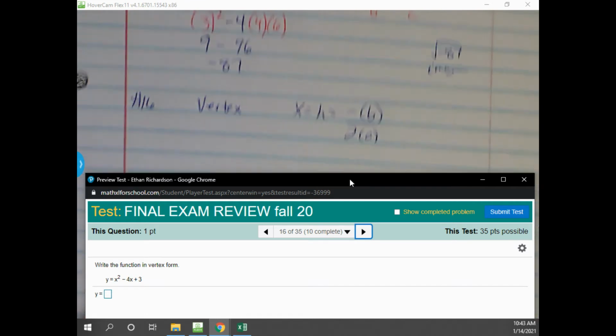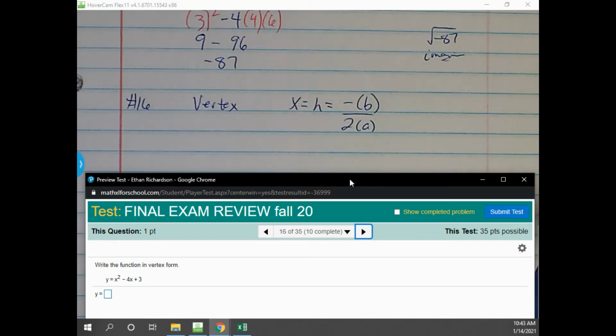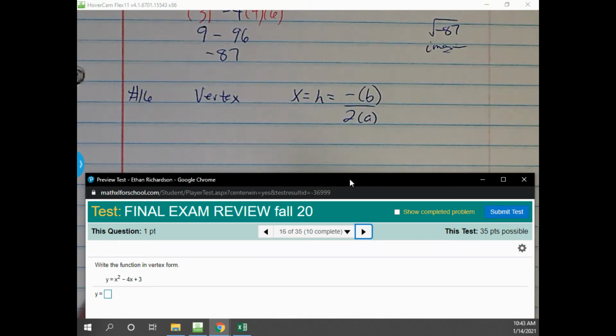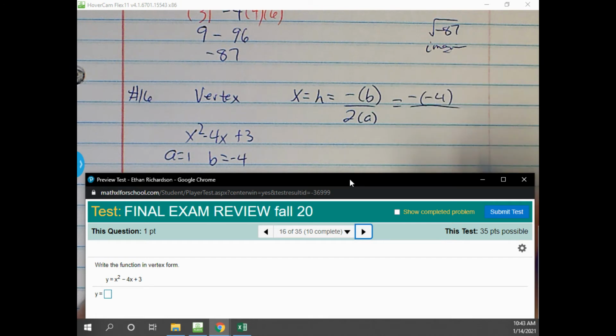So just like we were doing in the problem up here, we're going to pull out the a and the b values to get what we need. So in this case, the a value would be 1. And the b value is -4. So this is the negative of -4 over 2 times 1. So that's 4 over 2, which is 2.